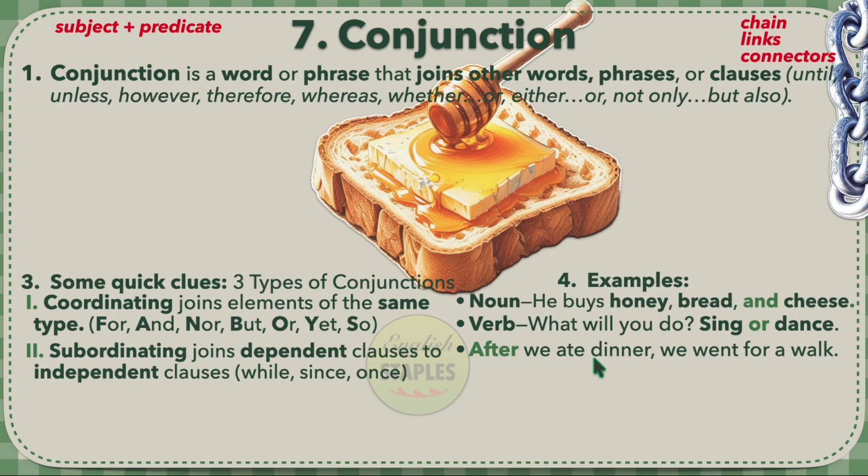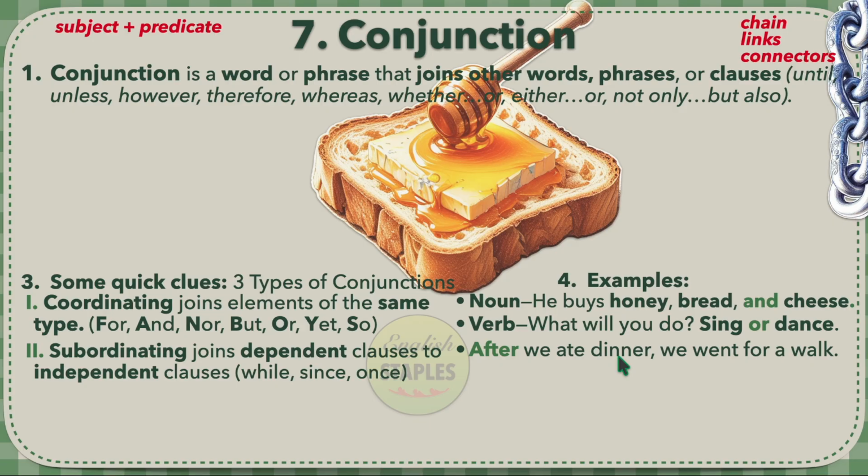Because if I say to you, after we ate dinner, you're going to be waiting to see what happens after you ate dinner. So it's an incomplete thought. It cannot stand on its own. So this is what we call a dependent clause. If you don't have this word and we say, we ate dinner, would that be okay?